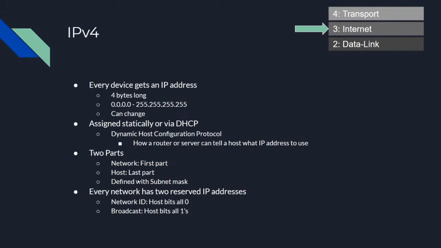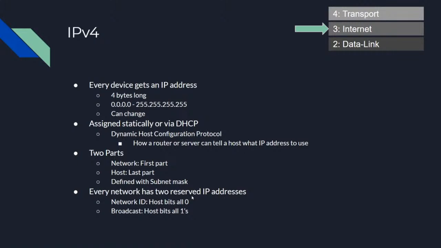So we need what's called a subnet mask to tell each device, okay, this is where my network ID ends and this is where my host begins. And every IPv4 network has two reserved IP addresses: the network ID, which has all the host bits set to 0, and the broadcast, which is all the host bits set to 1s.